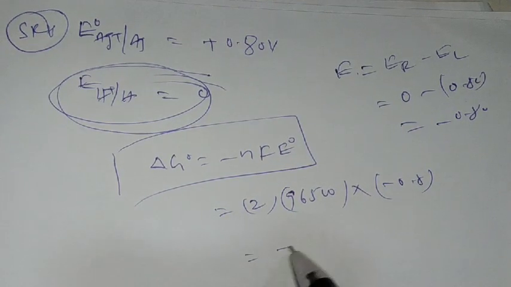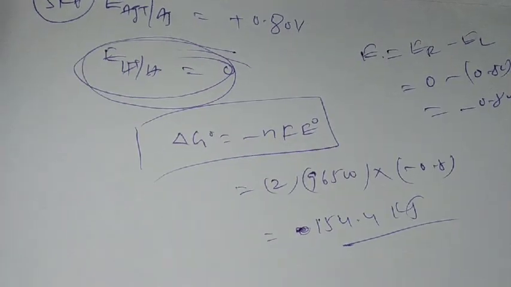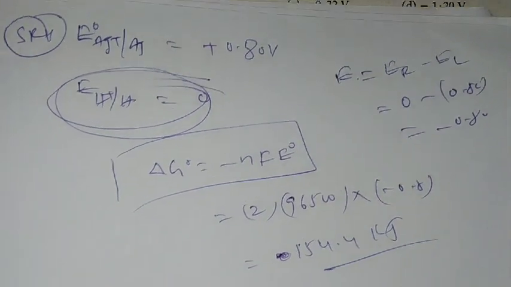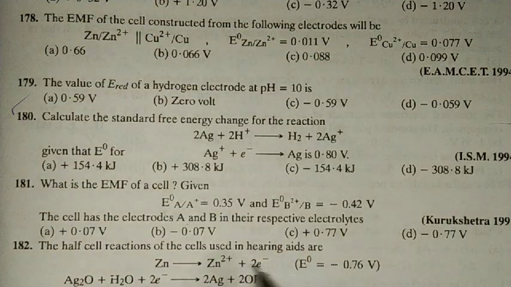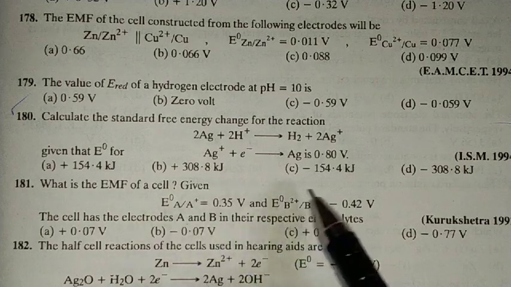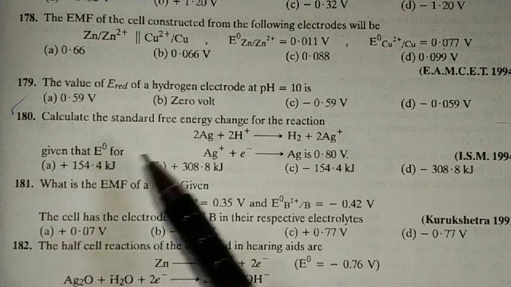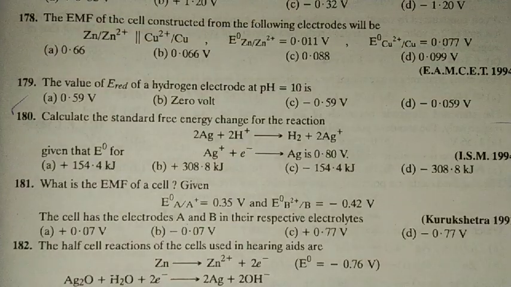If you multiply and simplify, you'll get 154.4 kilojoule. Is it okay? So direct substitution, simple explanation and very important model. Is it clear? So that is why, what is our appropriate answer here? So plus 154.4. Is it clear? Right.